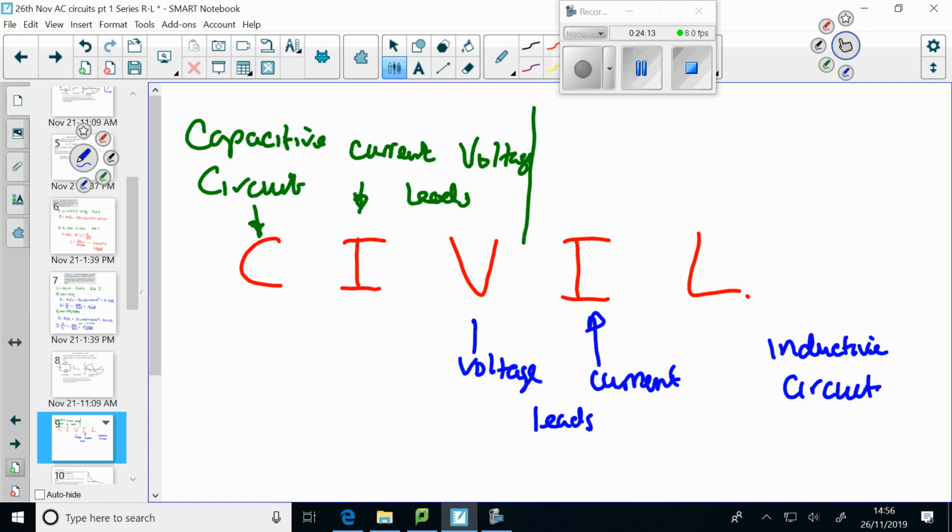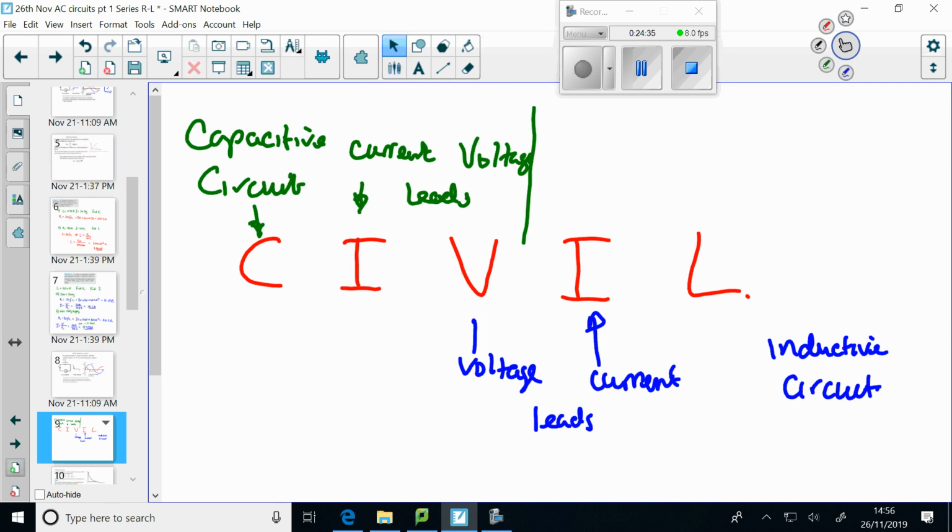Or equally, we could say current lags voltage because it comes after. Alright? So that word will always be a check for you as to whether you've got it the right way round, whether you can remember what causes leading and lagging.